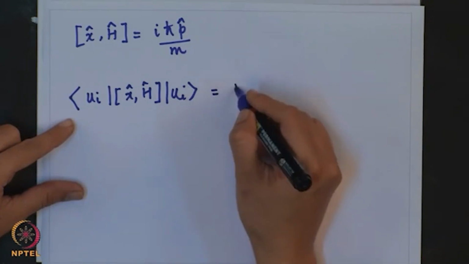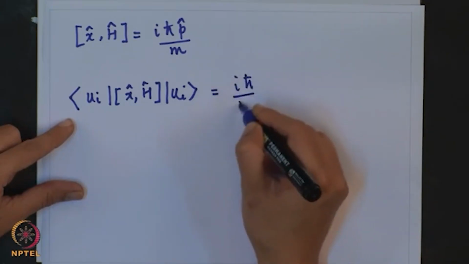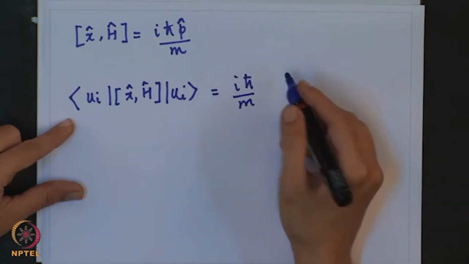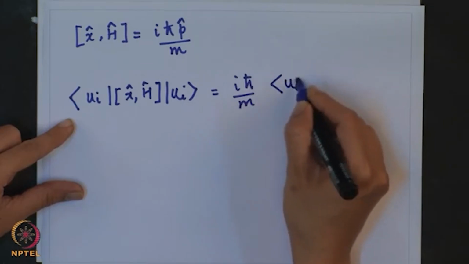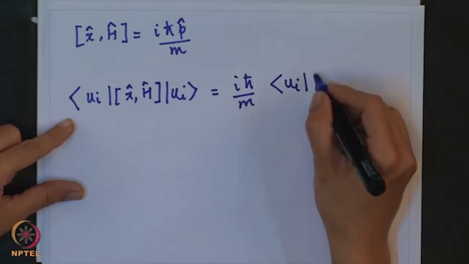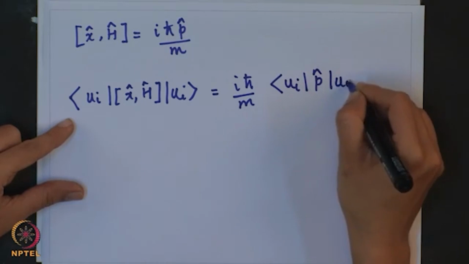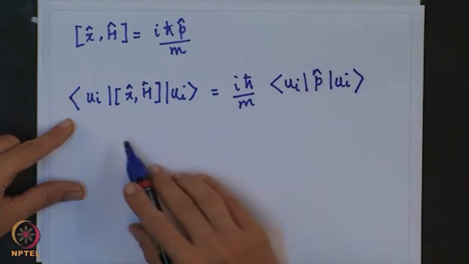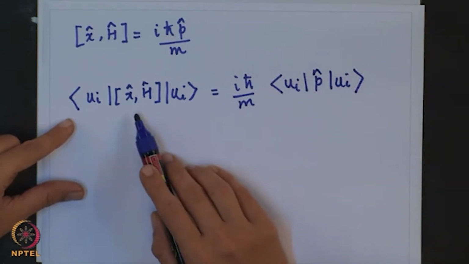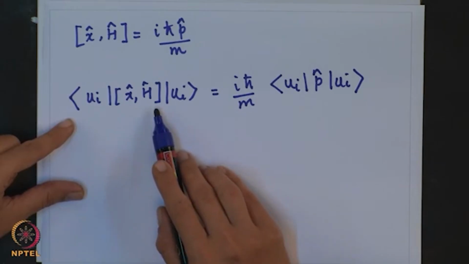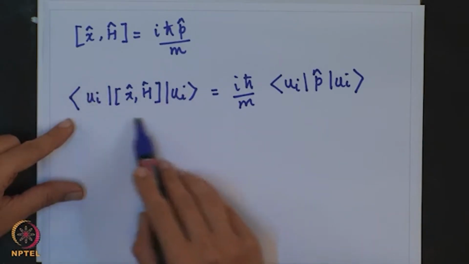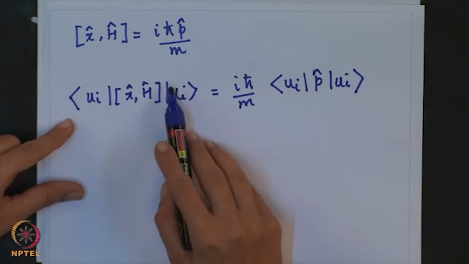This will be i h cross upon m. Being a constant I can keep this out: u_i p hat u_i. This is what I obtain by substituting for the commutator of x and h, and this left hand side we know.